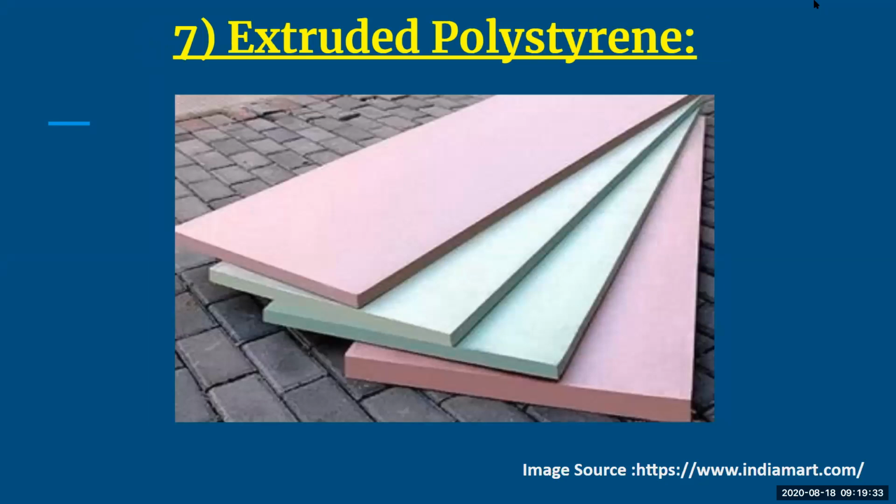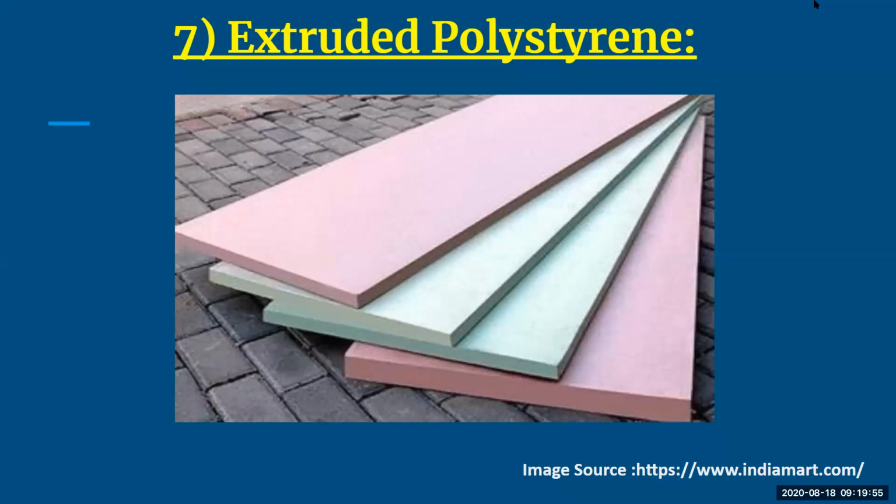Last is your extruded polystyrene. This is a solid and foamed material. It is usually colorless and a transparent thermoplastic. It basically has a foam board in it, and that helps you to make models.